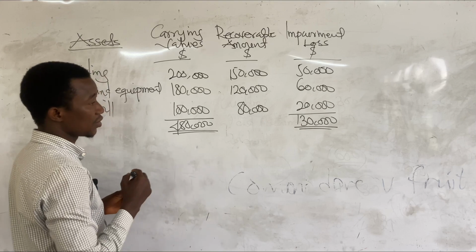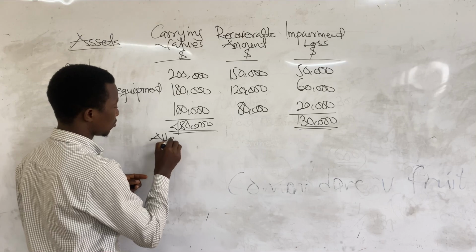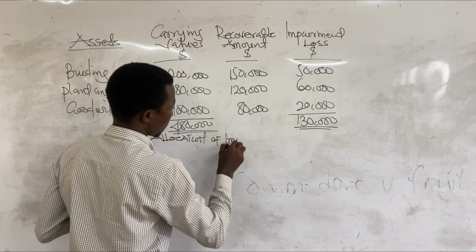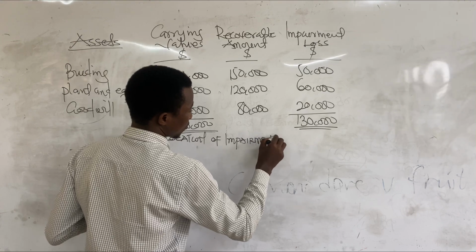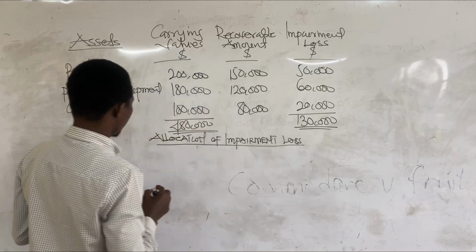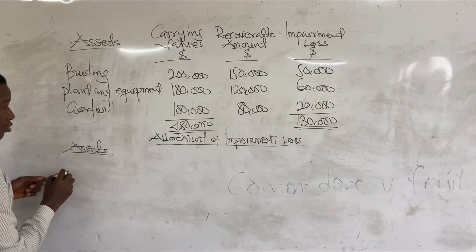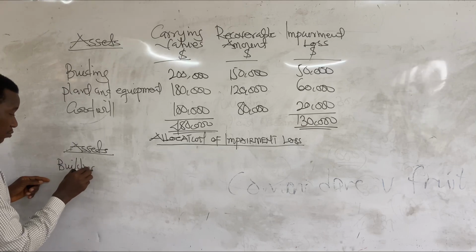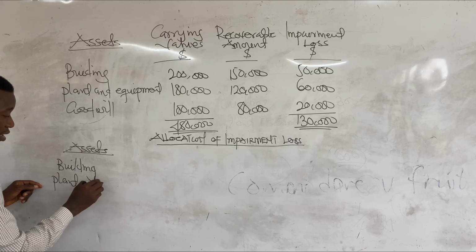So the second part has to do with the allocation of impairment loss. So we have the assets: we have building, we have plant and machinery, or plant and equipment rather.